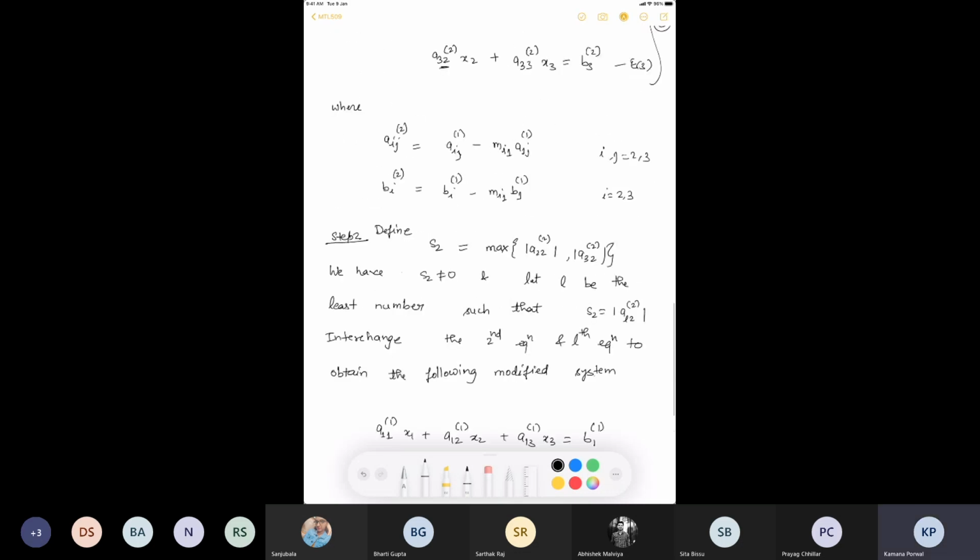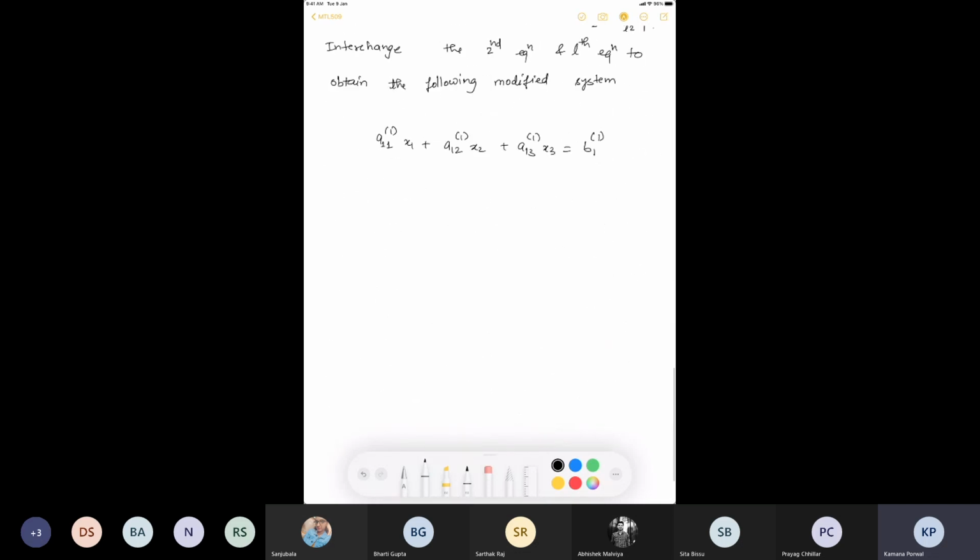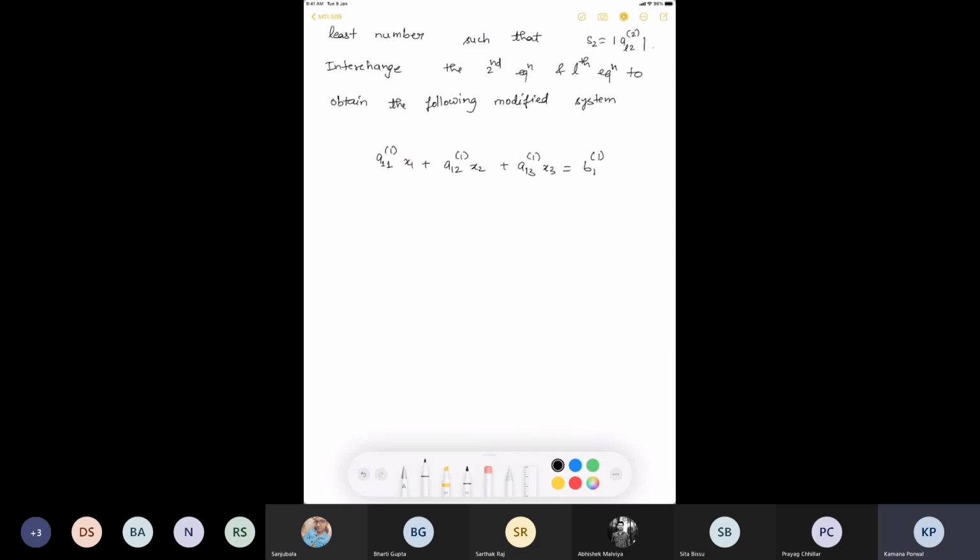For the second row, we are basically exchanging the second row with the Lth row, so we'll get some new coefficients here: A22(3) x2 plus A23(3) x3 equals B2(3), and the last coefficients will change to A32(3) and A33(3).